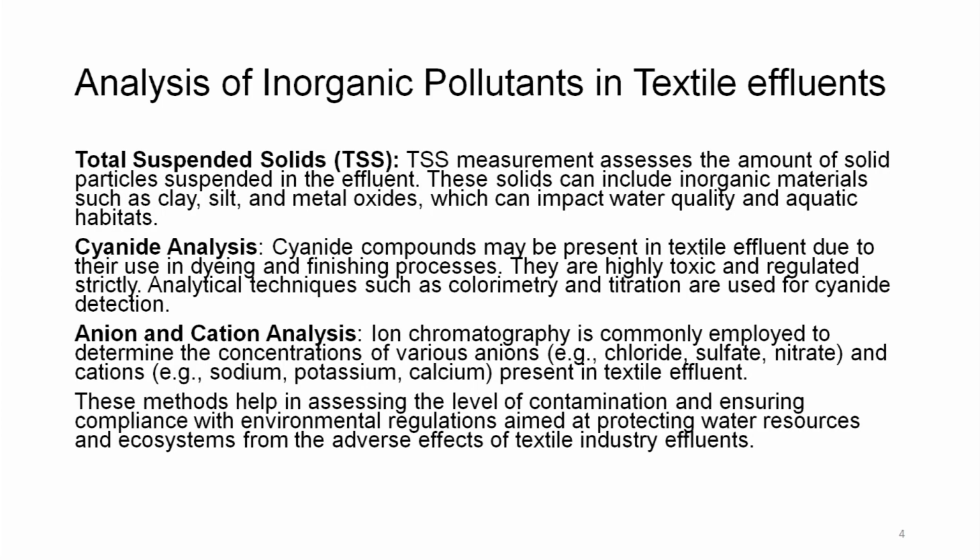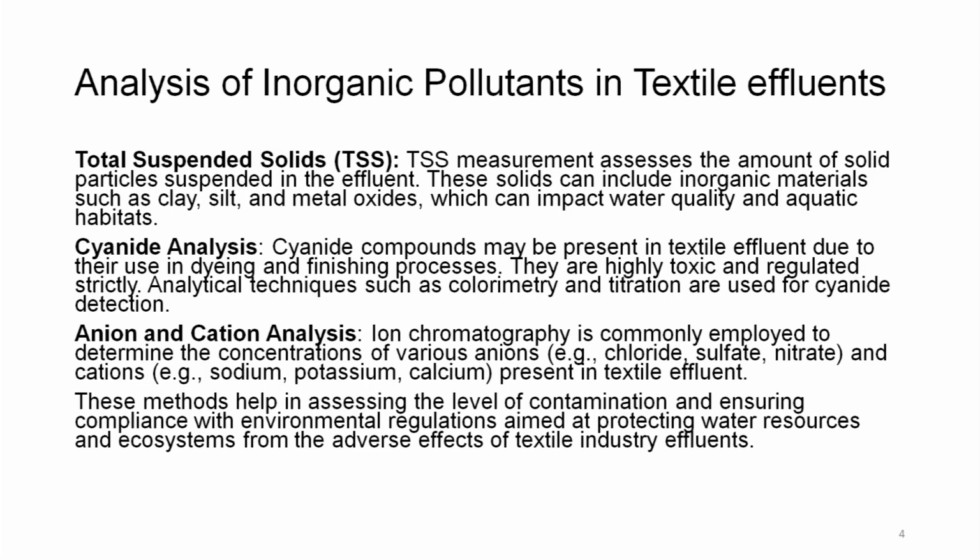Anion and cation analysis. Ion chromatography is commonly employed to determine the concentrations of various anions such as chloride, sulphate, nitrate and cations such as sodium, potassium, calcium etc. present in the textile effluent.